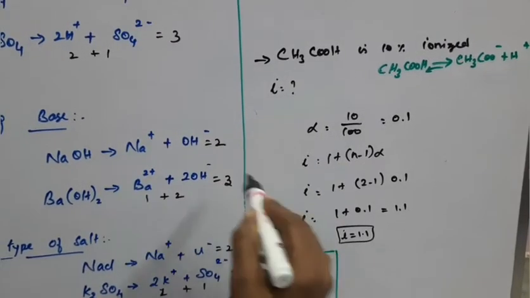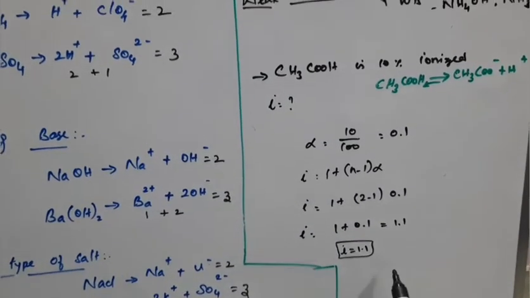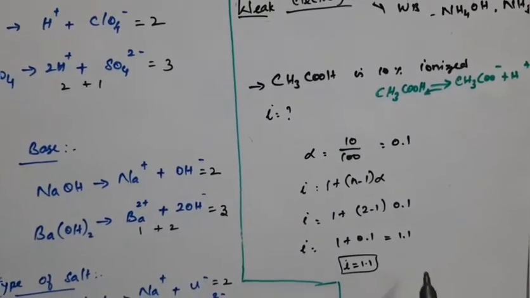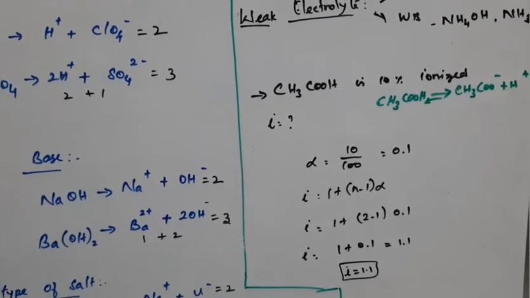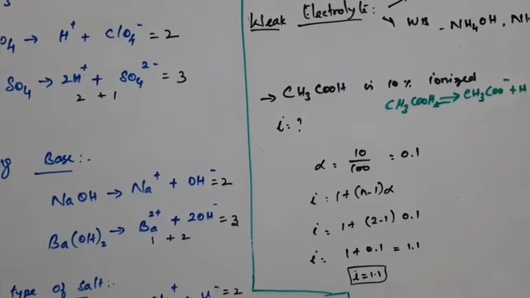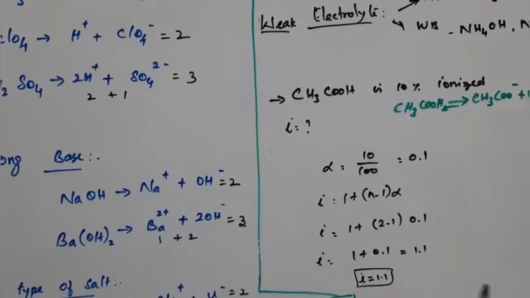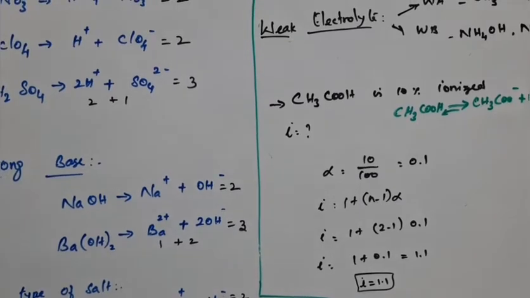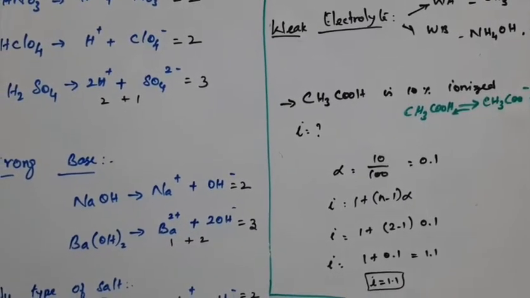So for case 1, for dissociation, the formula is: i equal to number of particles after dissociation or association by number of particles before dissociation or association. So the numerator value is high, that is i greater than 1 for case 1, that is for dissociation.